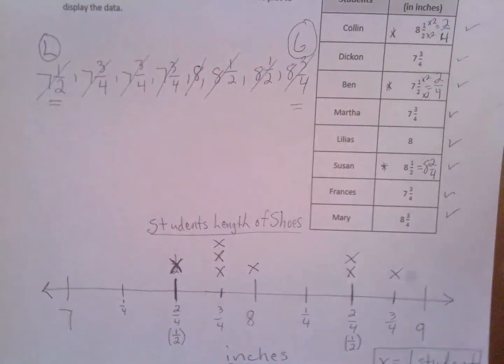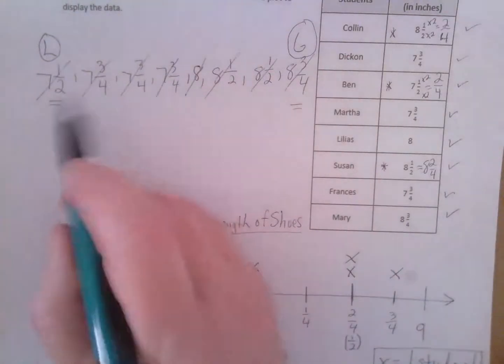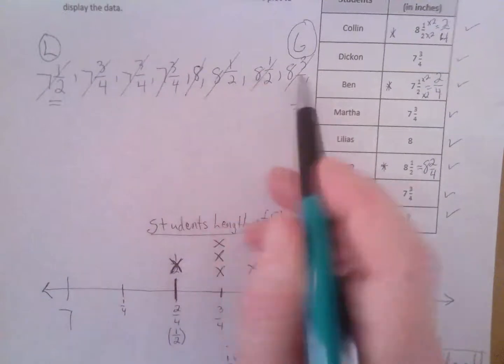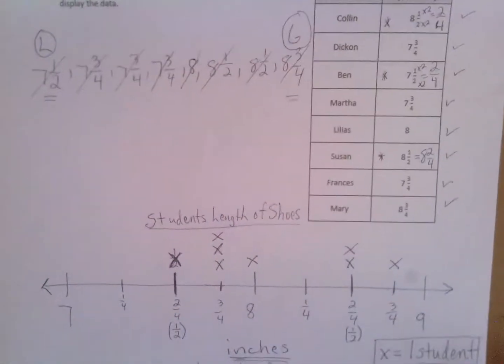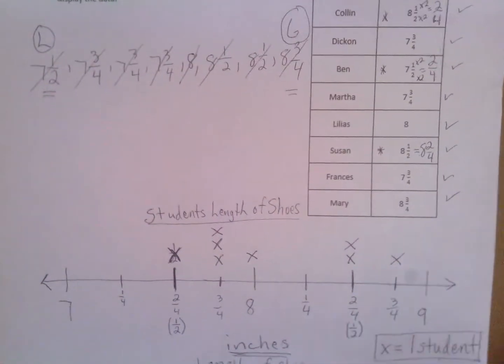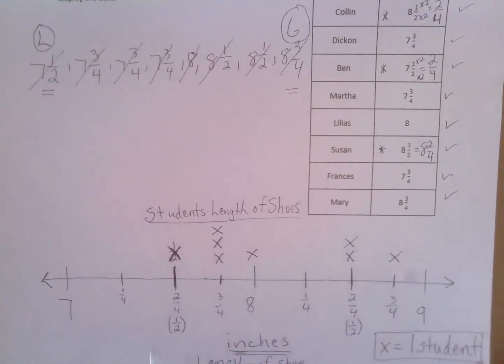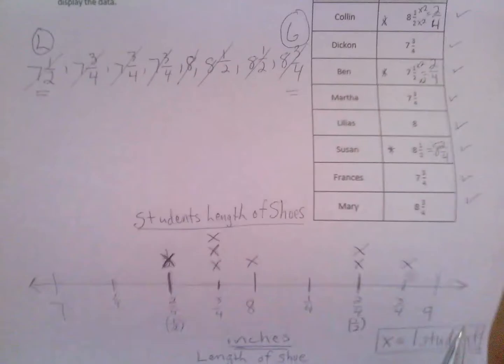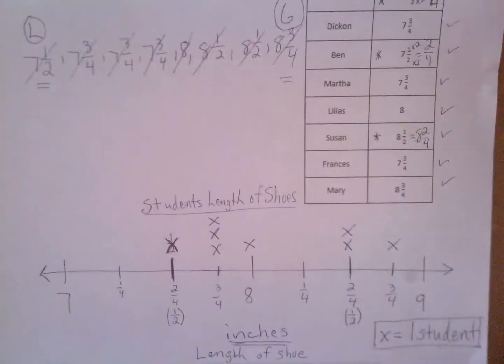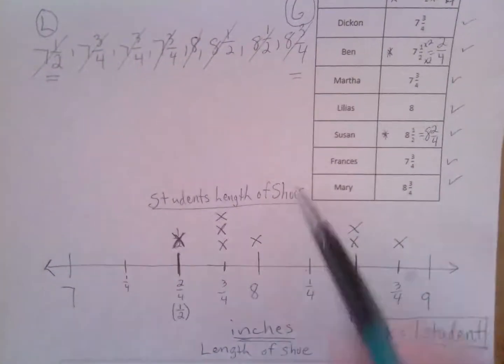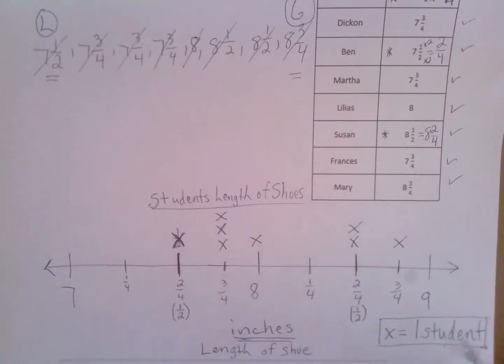So I want to double check. I had 1, 2, 3, 4, 5, 6, 7, 8. I want to make sure that I have 8 students represented on my line plot. 1, 2, 3, 4, 5, 6, 7, 8. So that is my line plot that represents the number of times that the shoes were measured. So I have my title, my label, and my key.